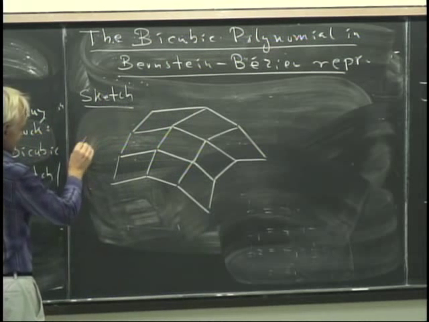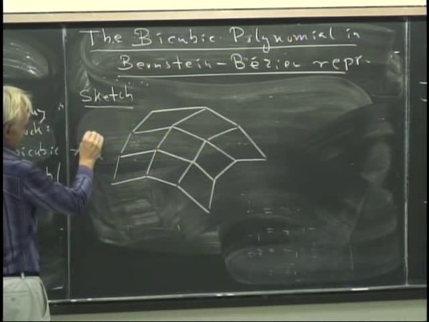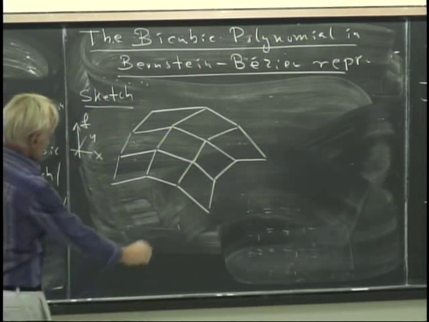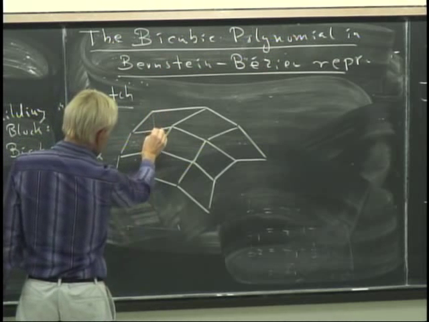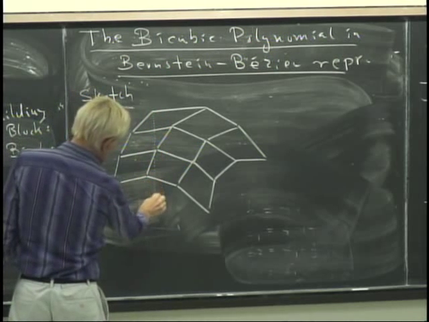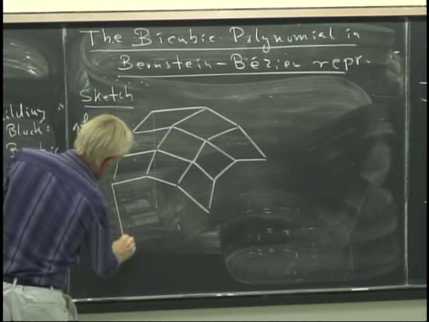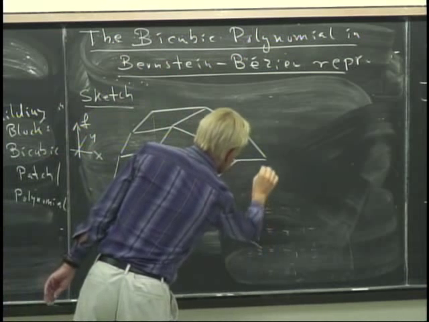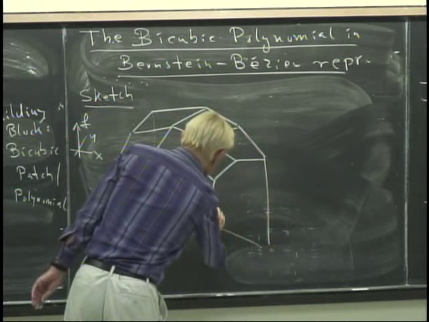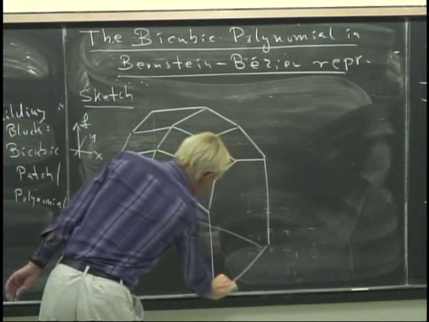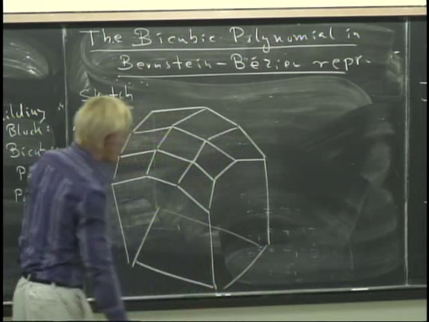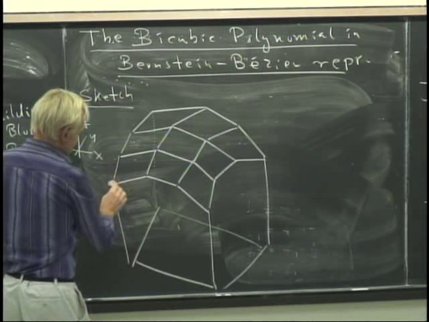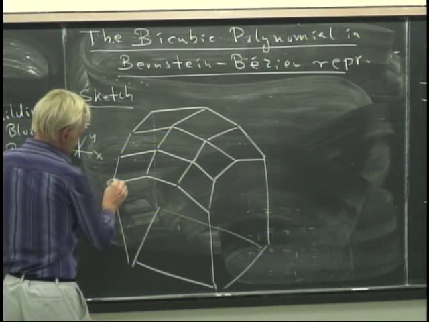So now all of this lives in x, y, and a function space, f going up. And so here we have these control points of this patch, circles.